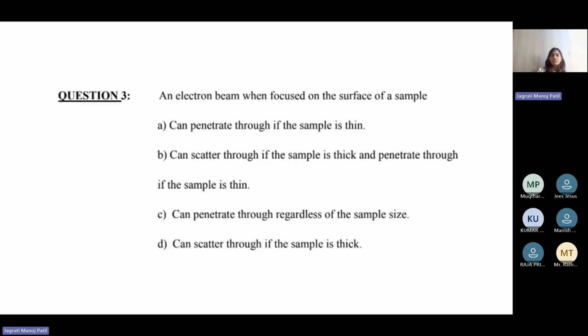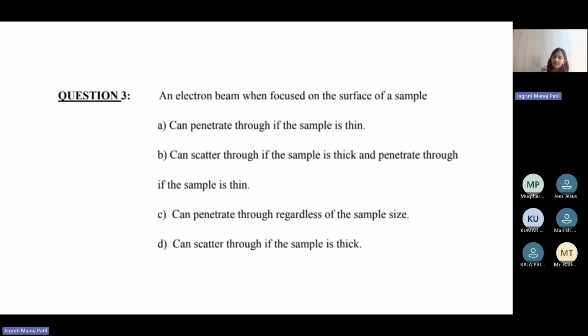Okay. So what will happen to the electron beam when it's focused on the surface of a sample? So will it scatter? Will it penetrate? Or again scatter if it's thick?